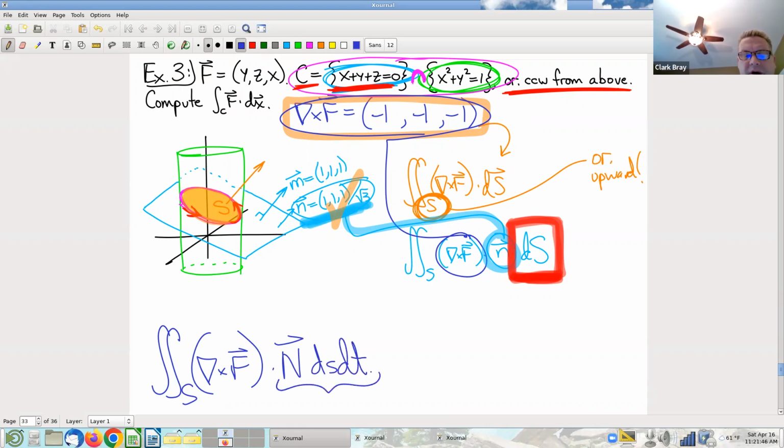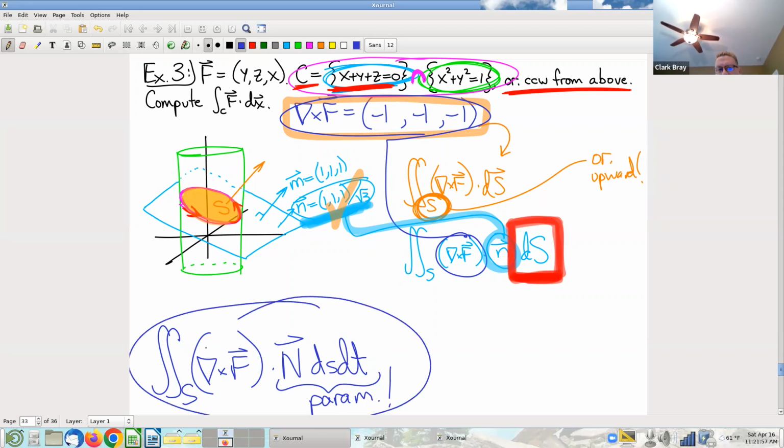Namely, you'd parameterize and pull back through the parameterization.